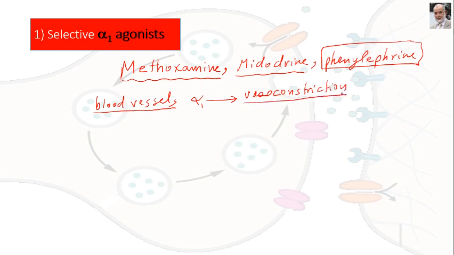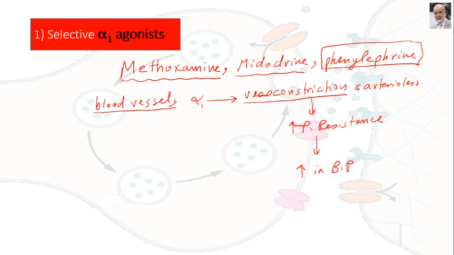So these drugs, methoxamine and midodrine, by acting as agonists on alpha-1 receptors, produce vasoconstriction, most importantly the vasoconstriction of the small arteries, which are the arterioles. This constriction of the smooth muscles of blood vessels will result in an increase in peripheral resistance. And as we know, an increase in peripheral resistance means an increase in blood pressure.